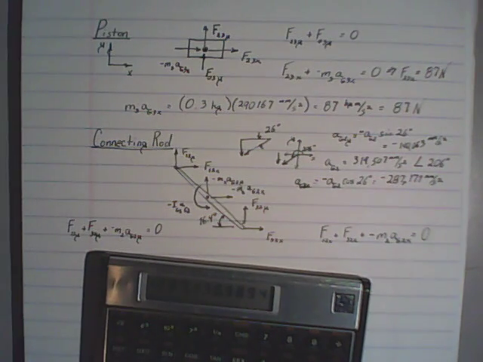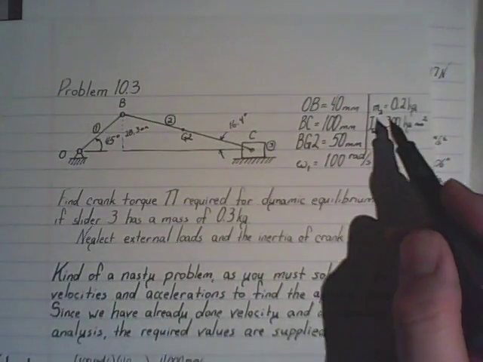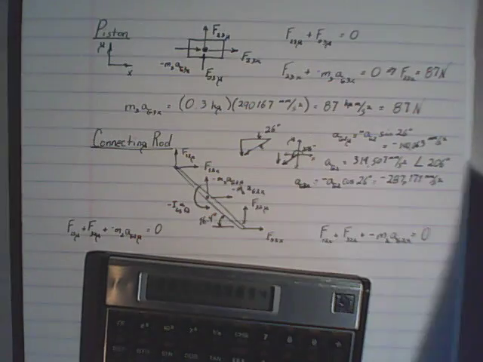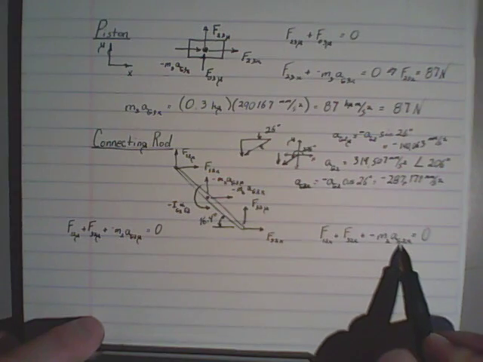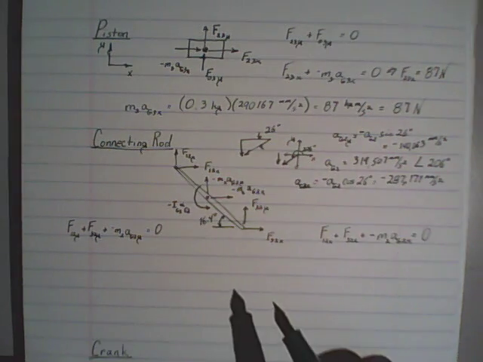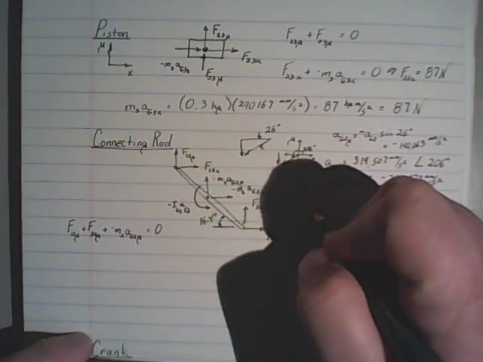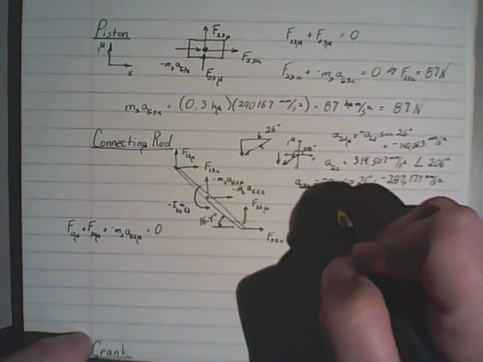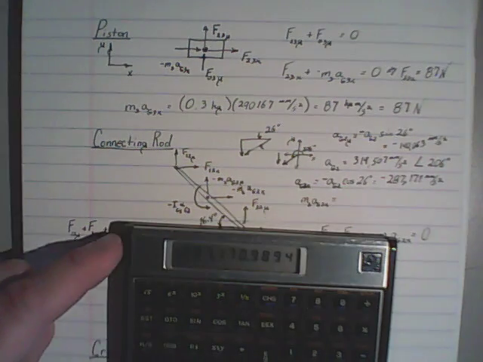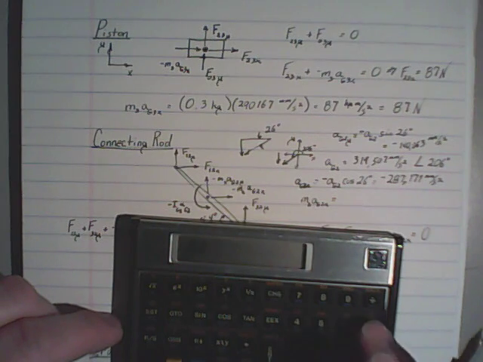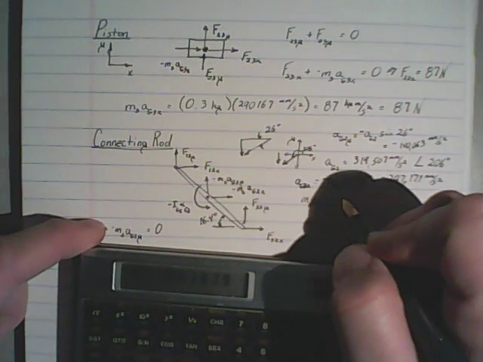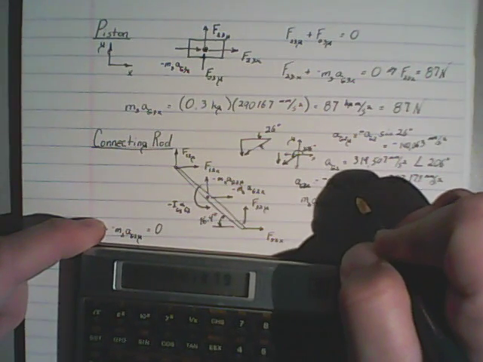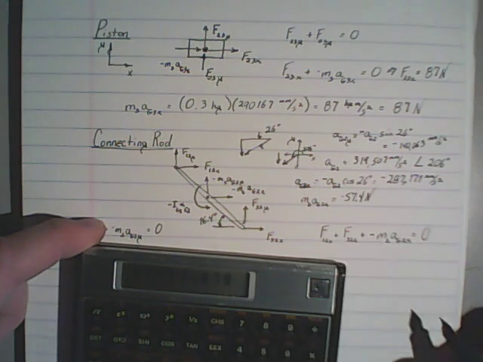Now, if you recall, from the second problem, we have a mass for the ConRod of 0.2 kilograms. So that means that we can go ahead and calculate m2 a_g2x and m2 a_g2y. m2 a_g2x is equal to negative 287,171 times 0.2, divided by 1,000, and we'll come up with negative 57.4 newtons.